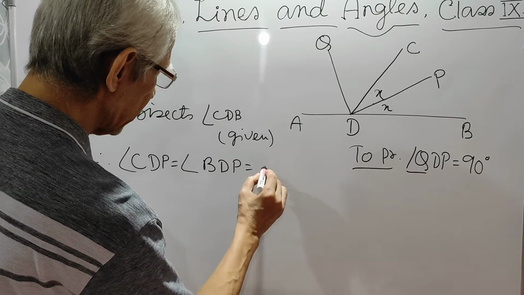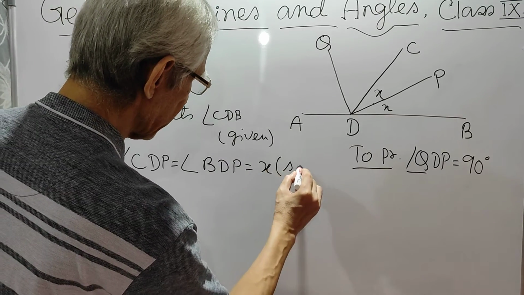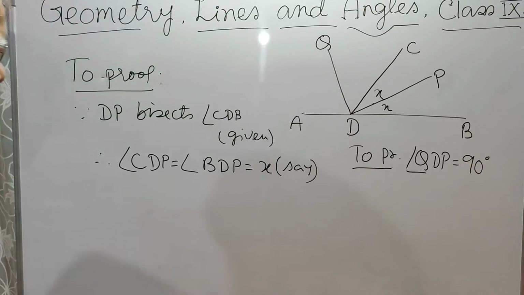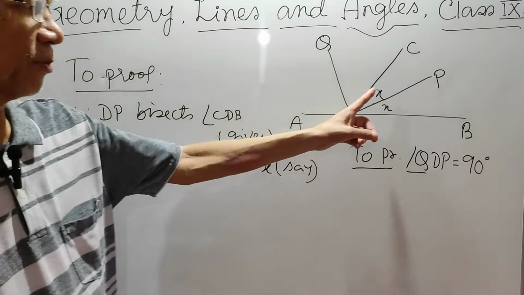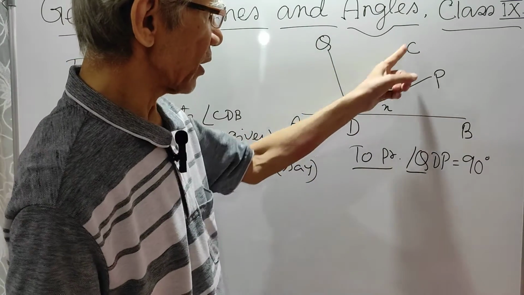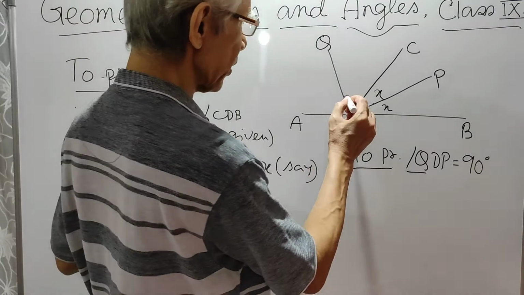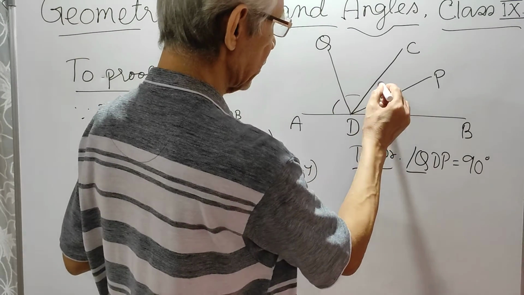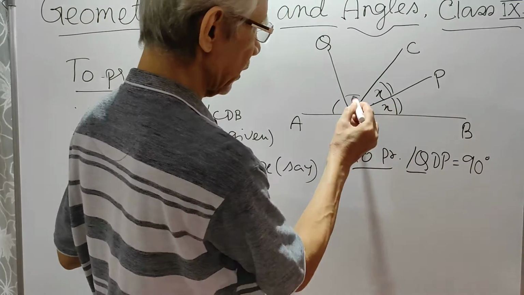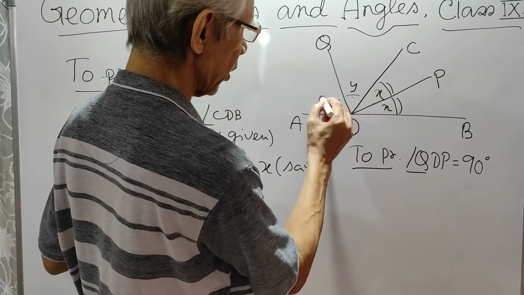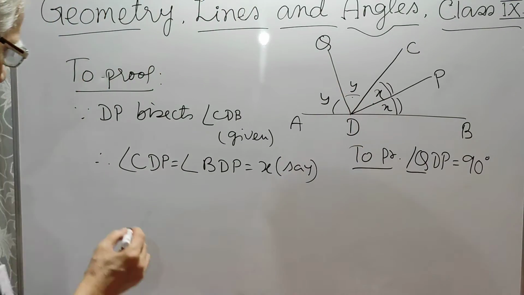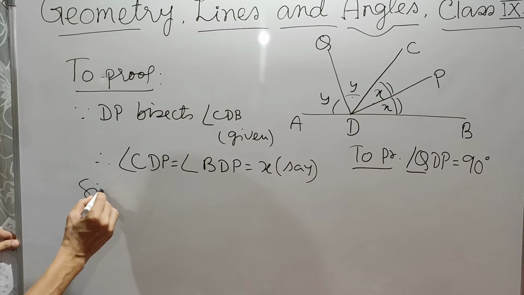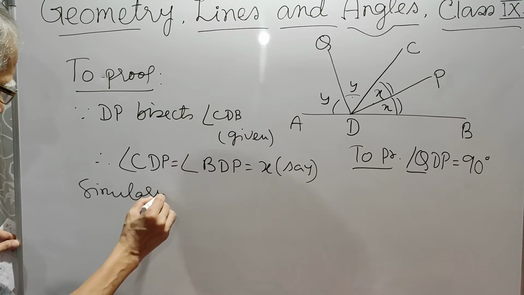And suppose each equal to x. So these two, we have assumed x. Again this is bisector of this angle. That means these two angles are equal. So here these two angles are equal, and here these two angles are equal. Suppose we call them y, y. All right. So similarly, what we get?